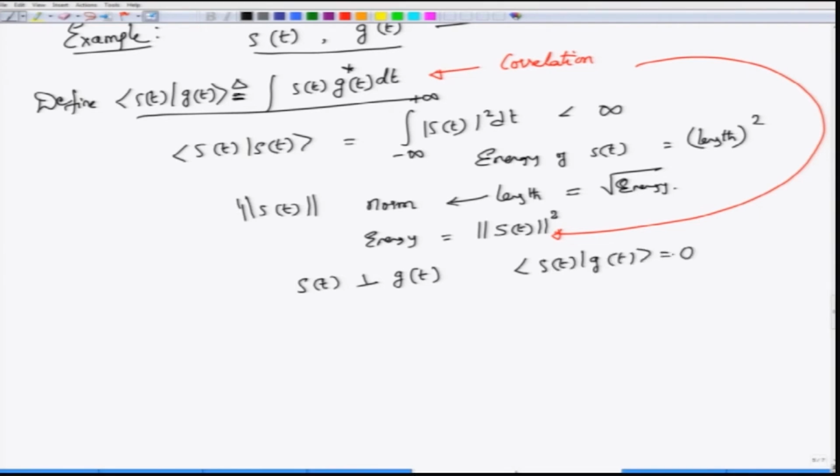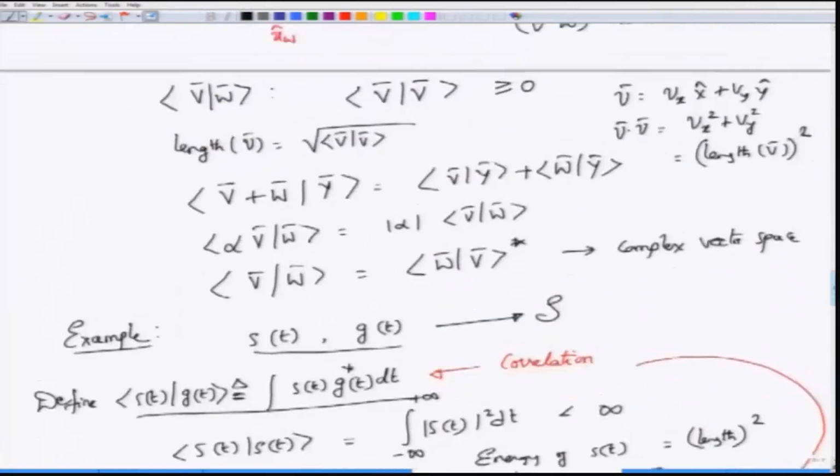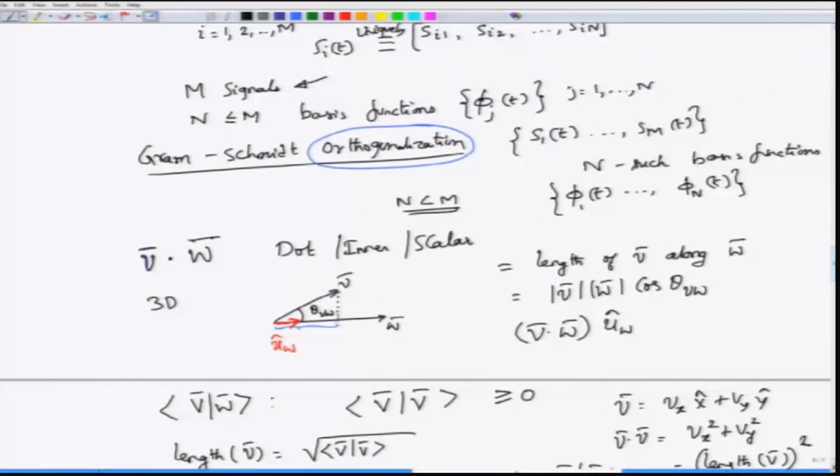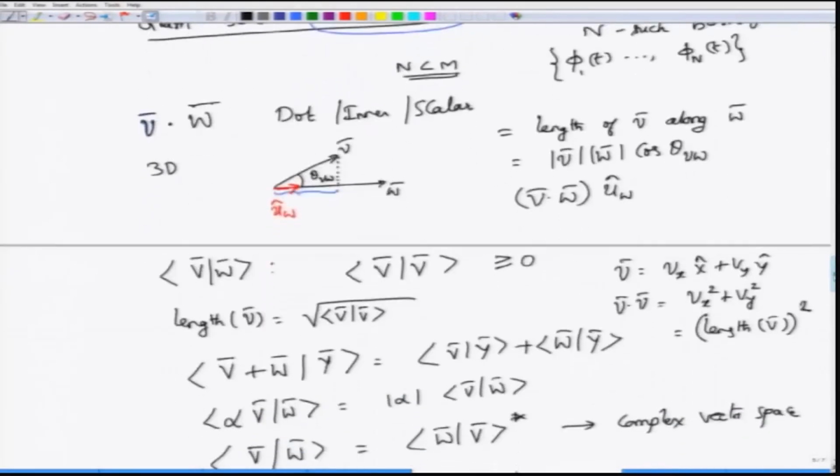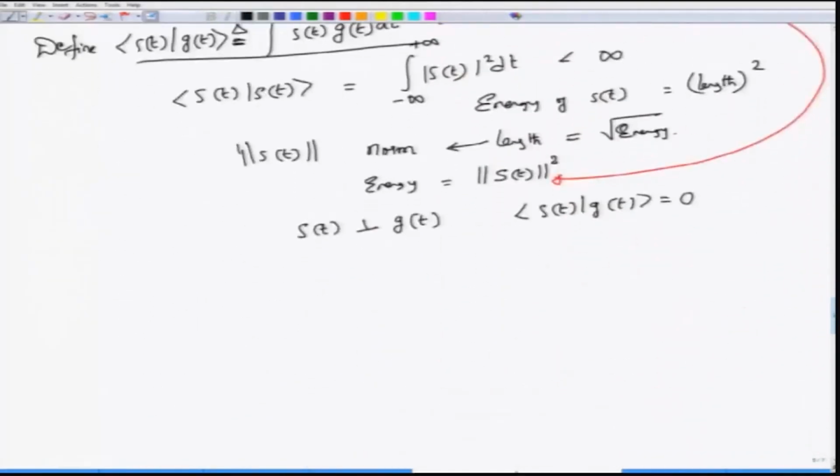This is for the signal. If you go back to the Cartesian coordinate example, the V and W vectors will be orthogonal when they are perpendicular to each other. So, this perpendicularity is nothing but orthogonality. Now, why is this orthogonality important for me? Because if you go back to the Cartesian coordinate case of decomposing a vector into its components, you will immediately notice that the vector x is perpendicular to vector y, correct.